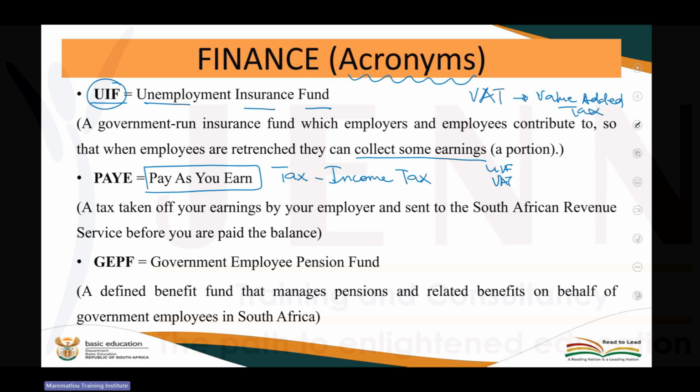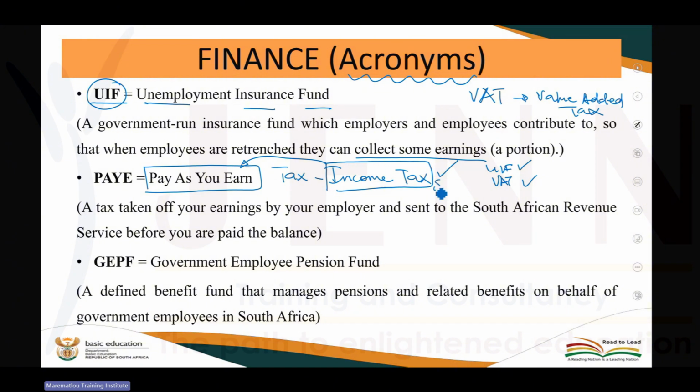But when you are doing grade 12 like you are doing now, you must be able to know how we calculate UIF, how we calculate VAT, and also income tax. The other name for income tax, my boys and girls, is pay as you earn. This is what your teacher is paying after getting the money, even before it comes to him.